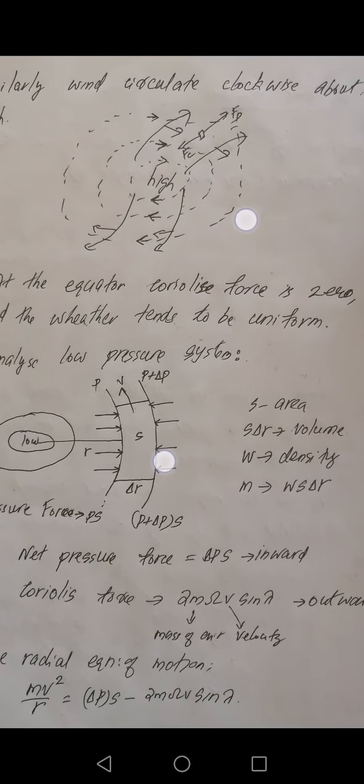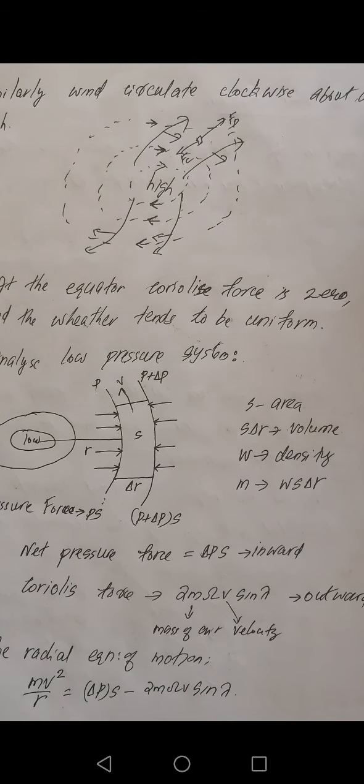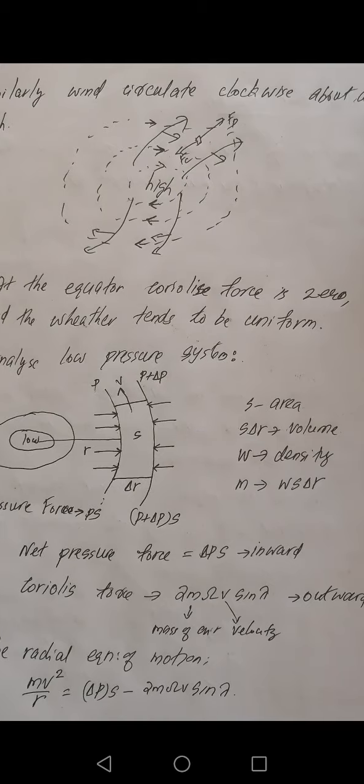Now suppose the center was a high pressure region. Earlier we considered a low pressure region, now a high pressure region. So the air flows outwards, so wind is outwards.